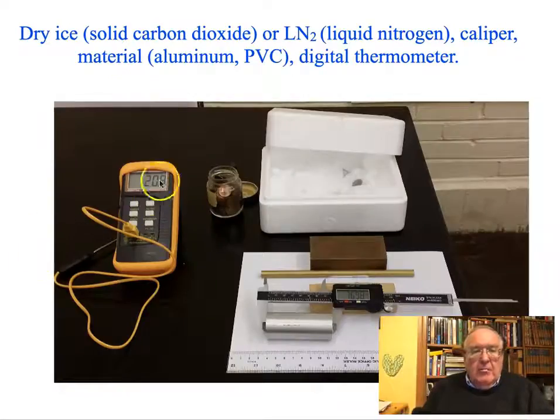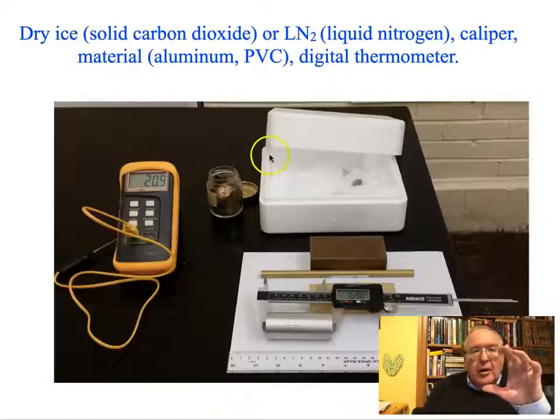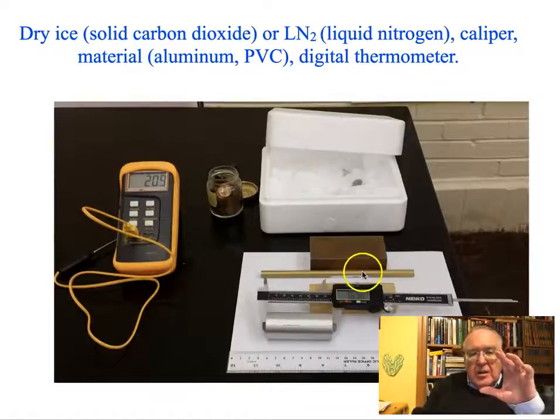Now, there's nice ways to do this. I hope someday in a classroom, for example, you may have access to liquid nitrogen or dry ice, and maybe a caliper to very accurately measure the length of a metal bar, like aluminum or even PVC. Then there's a digital thermometer here, not too expensive, and you can easily measure the temperature.